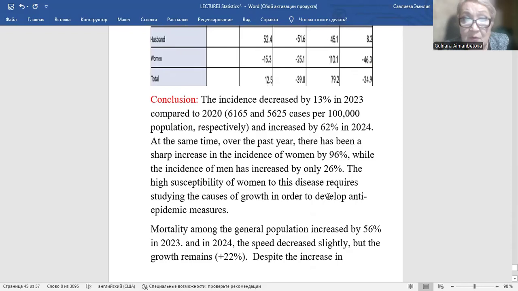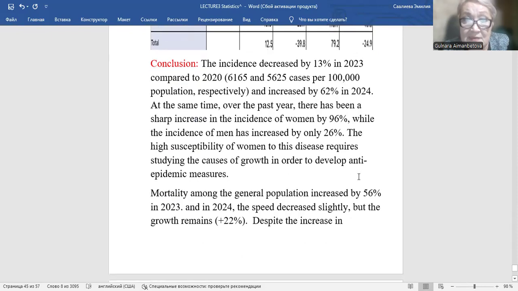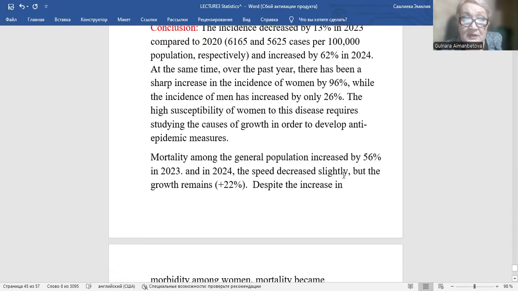At the same time, over the past year, there has been a sharp increase in the incidence of women by 96%, while the incidence of men has increased by only 26%. The high susceptibility of women to this disease requires studying the causes of growth in order to develop anti-epidemic measures.